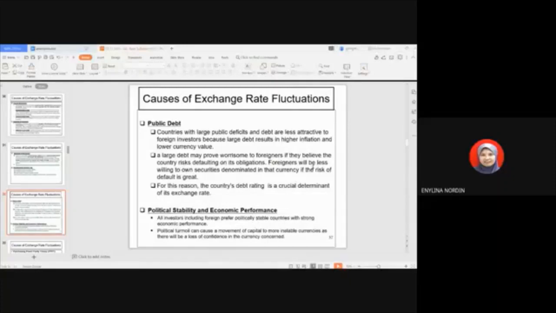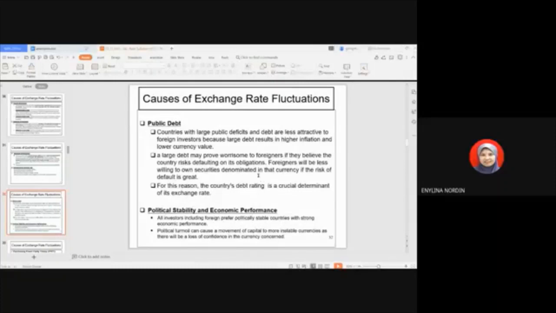So foreigners will be less willing to own securities denominated in that currency if the risk of default is greater. Because of this, the country's debt rating, which in our country is provided by the Rating Agency Malaysia, RAM, is very important.